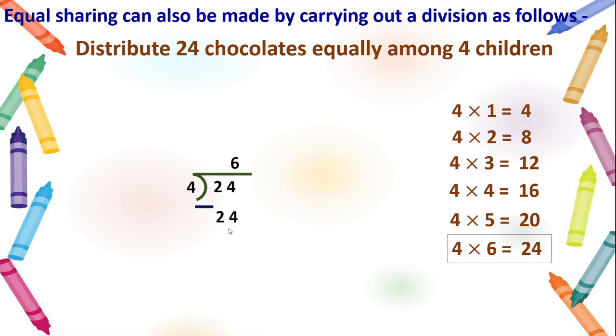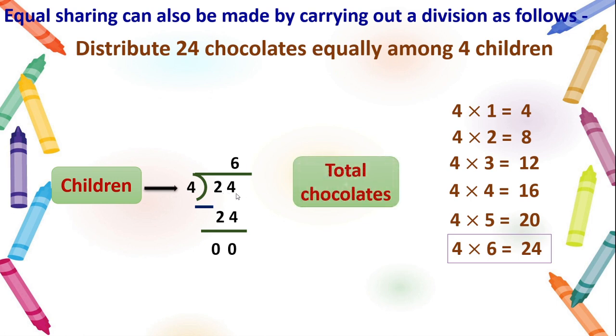Now minus how much? 4 minus 4 is equal to 0. 2 minus 2 is equal to 0. Yes, here this 4, why have we written 4 here? Because 4 children are there. Right? And the total number of chocolates is 24, so we have written 24 inside this.